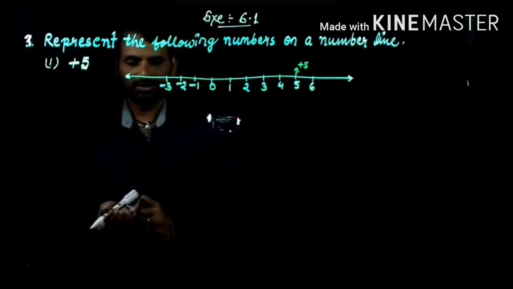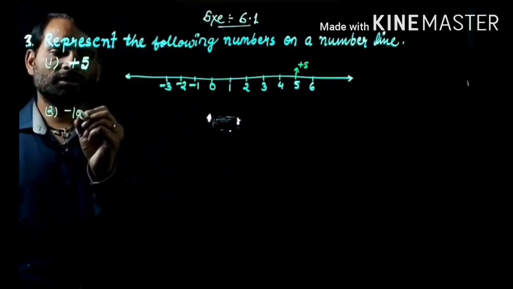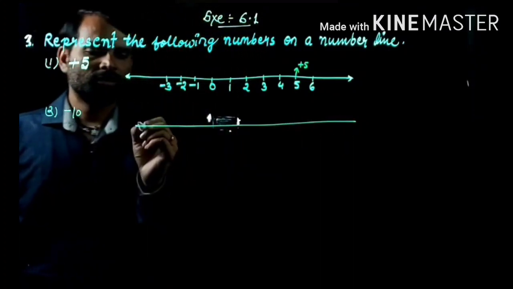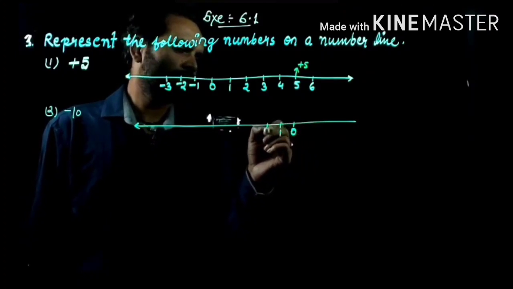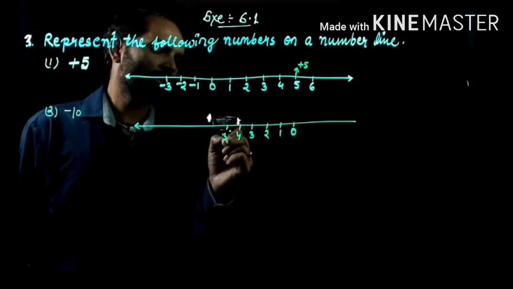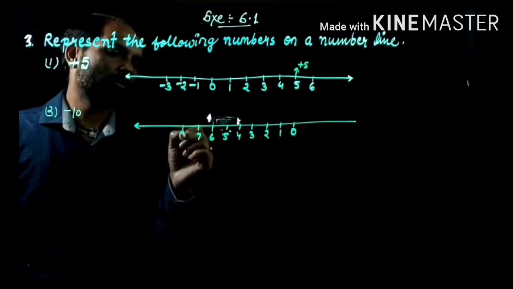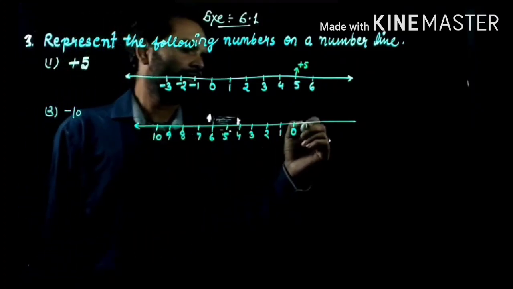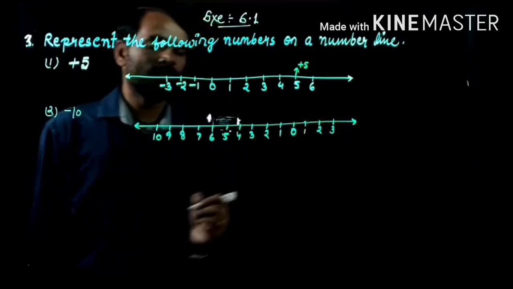Okay, now second is minus 10. Again you draw a number line, with 0, 1, 2, 3, 4, 5, 6, 7, 8, 9 and 10, and the arrow sign.